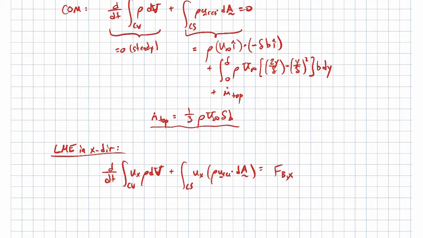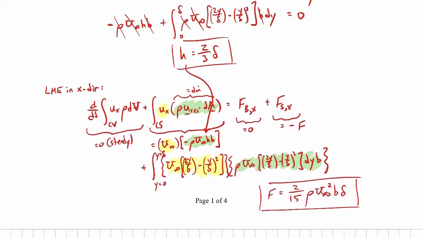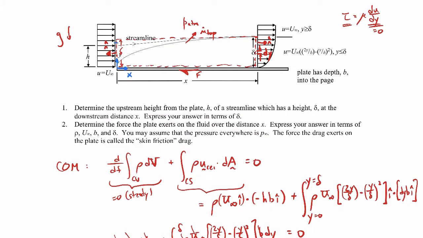My coordinate system, I probably should have said this earlier, the coordinate system I'm using to evaluate my linear momentum equation is a fixed coordinate system that, if you look back up at the picture here, is just fixed in space, so it's inertial.